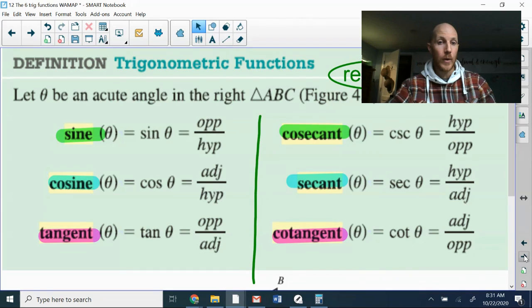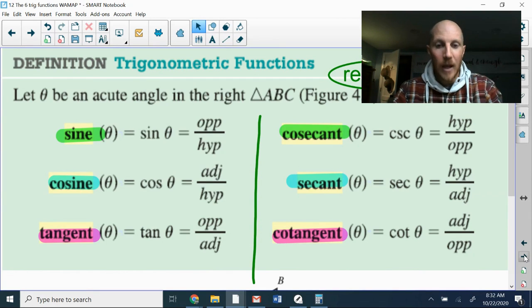So first thing we ought to do is learn what the 6 trig ratios are. Here are all 6 trig ratios laid out in a very special format. You should write this into your notebook and keep track of this, writing them down in 2 columns like this. The 3 trig ratios we're going to learn about today are reciprocals of the 3 that we've already learned.